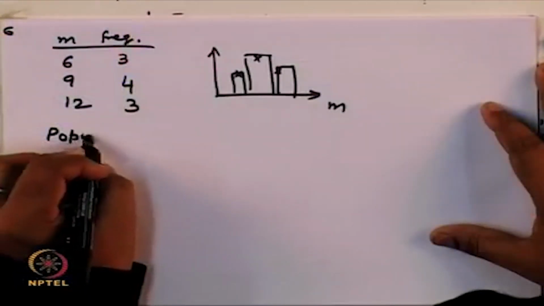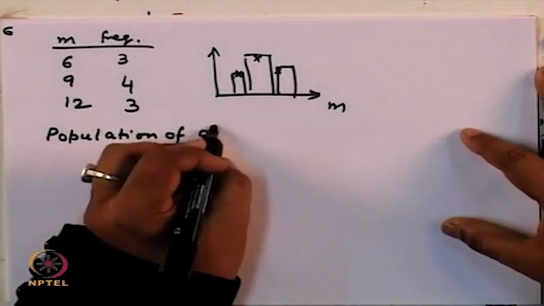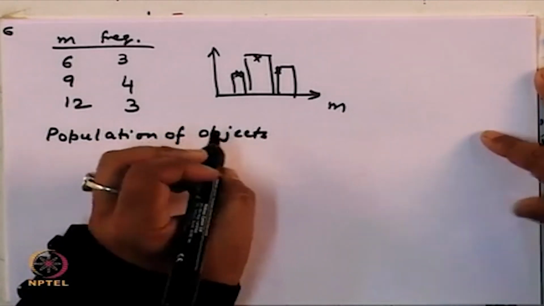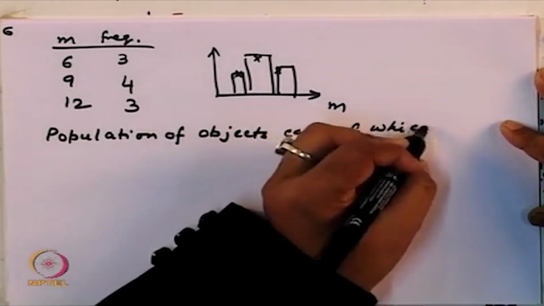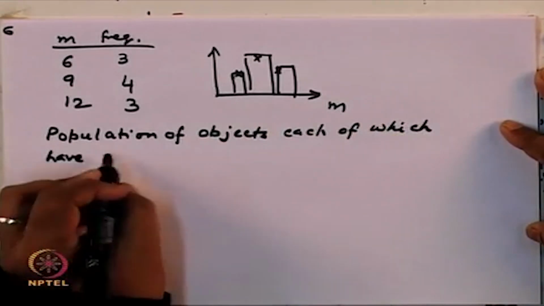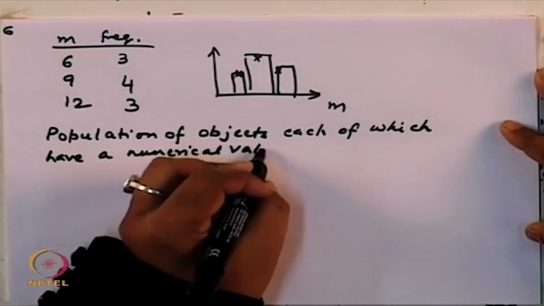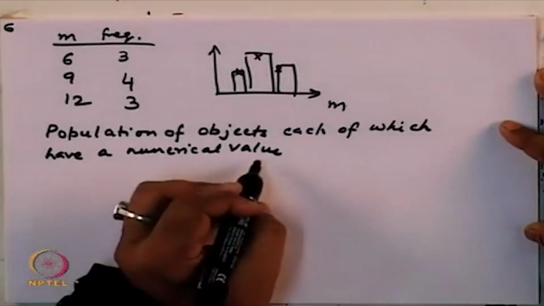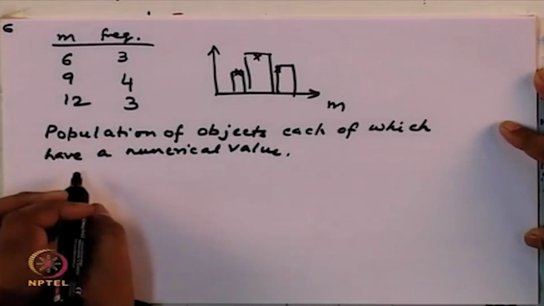Let us consider another case. Imagine you have a population, just like the above case, a population of objects, each of which has a numerical value.